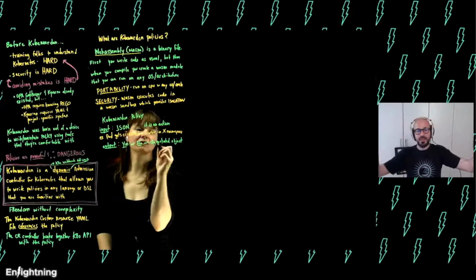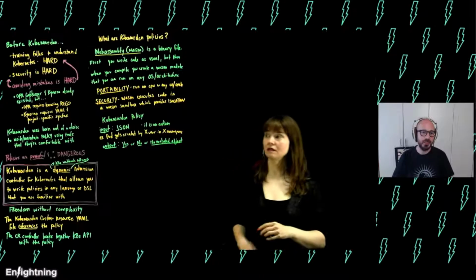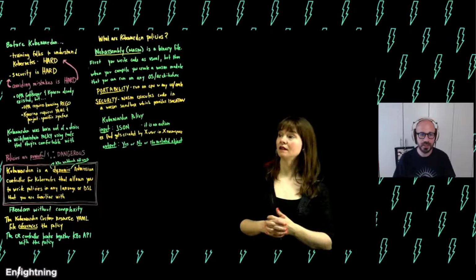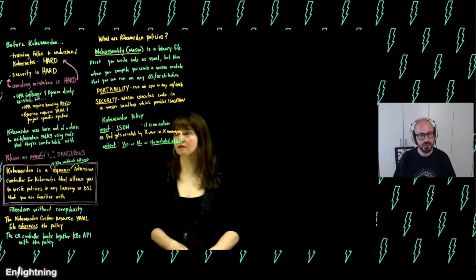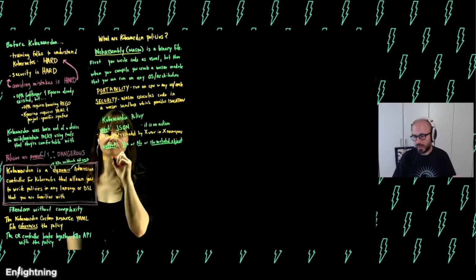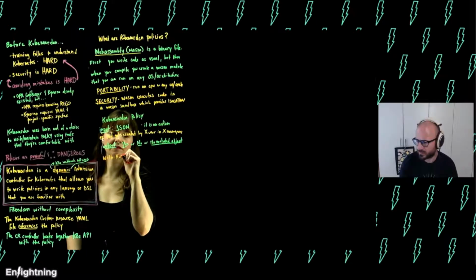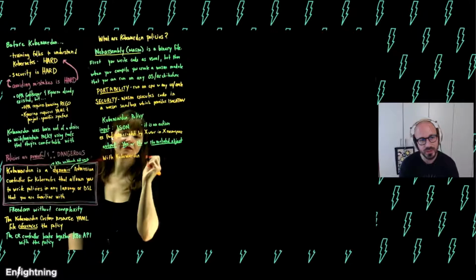And so this is what a policy does. How you do that with Kubewarden is you pick a programming language and write code that does that. So we have SDKs, software development kits, that's the abbreviation, for different programming languages.